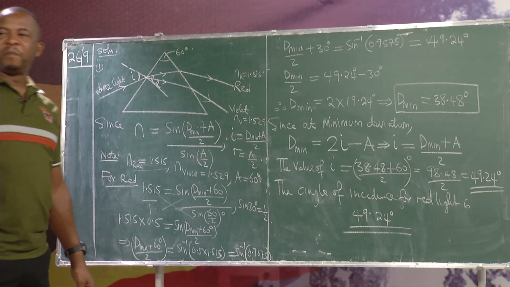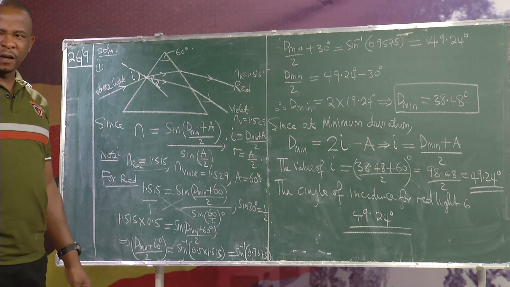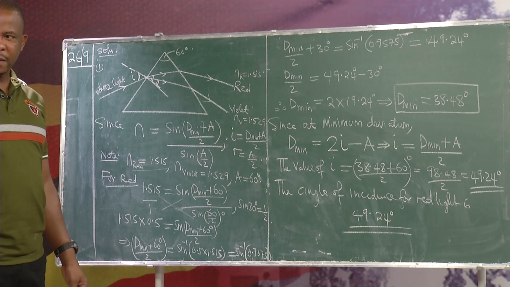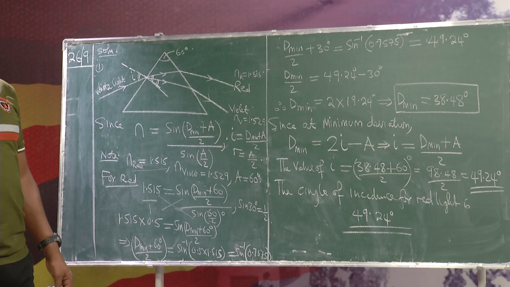Yes, this airtime is for the candidates and any S5 students that are following this lesson to capture the first part solution for this number. Remember, the key word in the question was minimum deviation. You must know that at minimum deviation, the deviation on the first face plus the deviation on the second face should be rounded off to be equal.